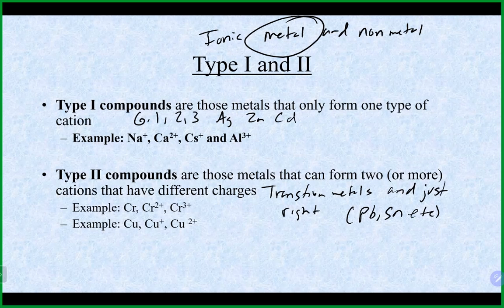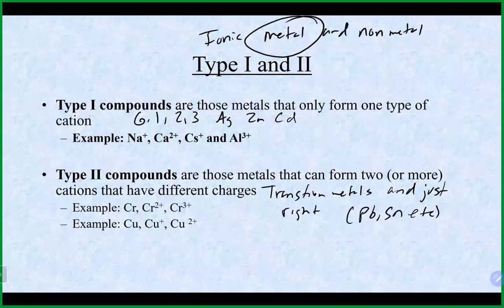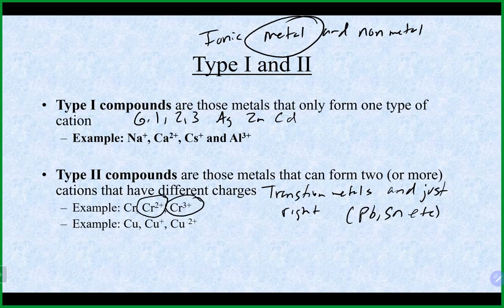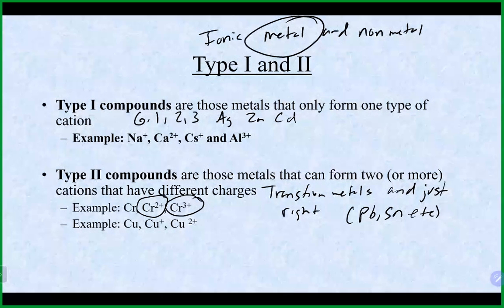We'll use Roman numerals to go about naming those things, but you do have to indicate it. Something like chromium could be +2 in certain situations, or it could be +3. Something like copper could be +1 or +2. So naming is all about telling a person what's happening, who's involved, and because they could have multiple charges, we do have to include an additional step in the naming process. Any questions on that? So always the metal is the one you want to definitely look at when you're dealing with an ionic compound.